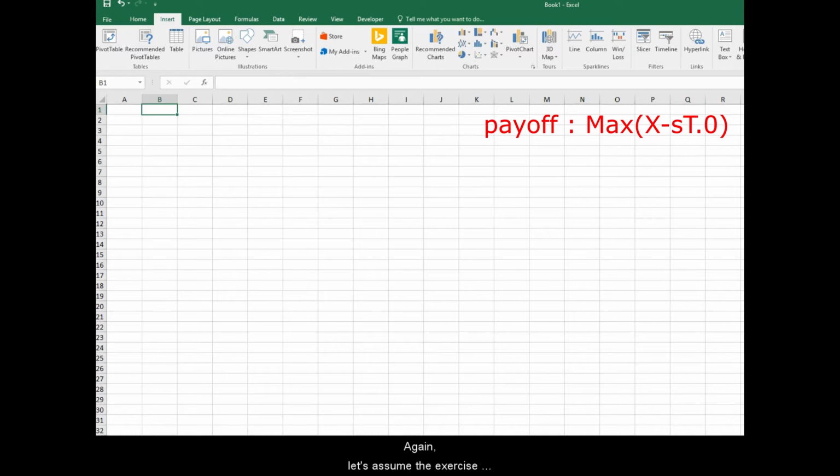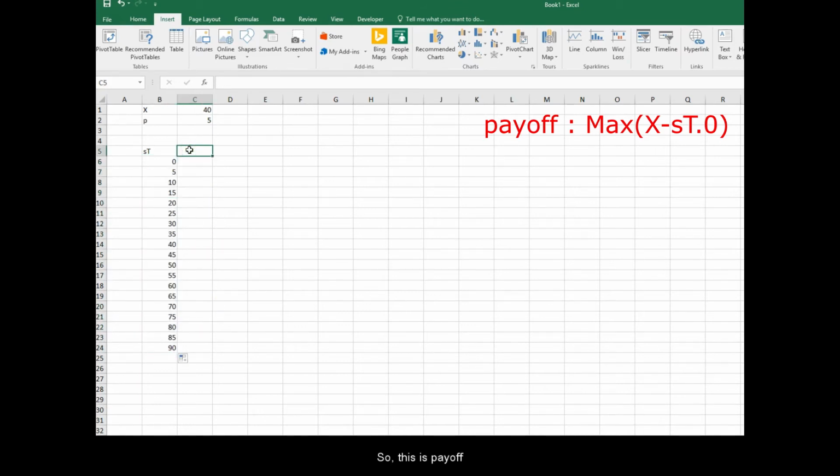For a put option holder or long position, we can do the exact same things. So again, let's assume exercise price is still 40, and the put premium, let's make it a little bigger, is 5, and we do the same thing. ST starts at 0, with 5 as the incremental value. Okay, we draw this one.